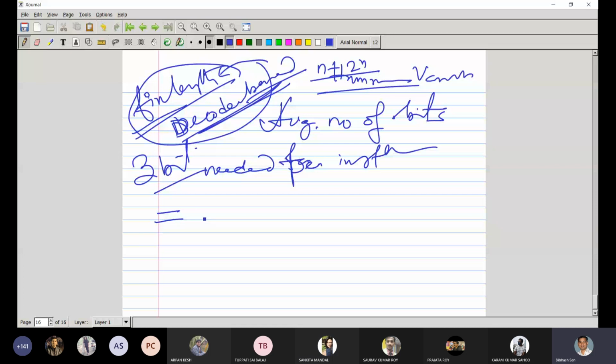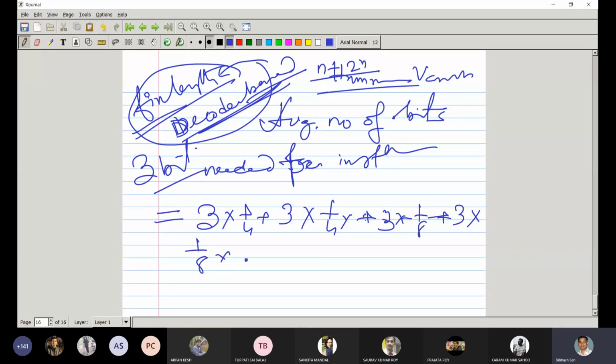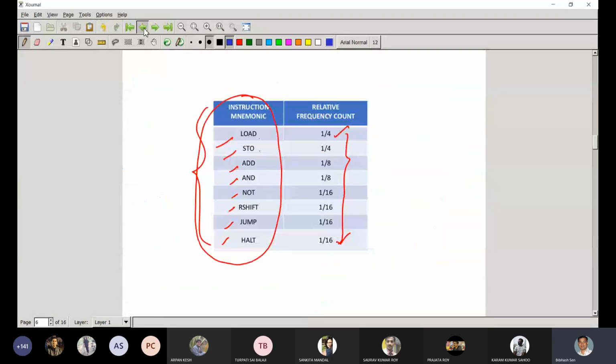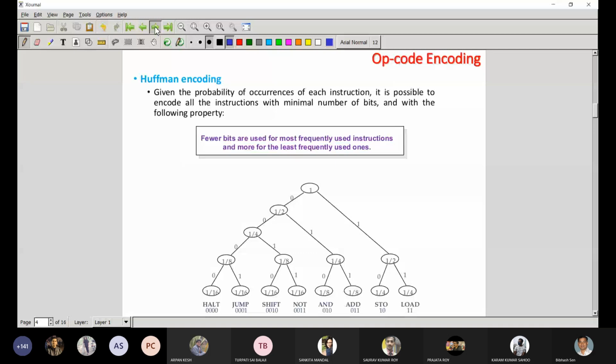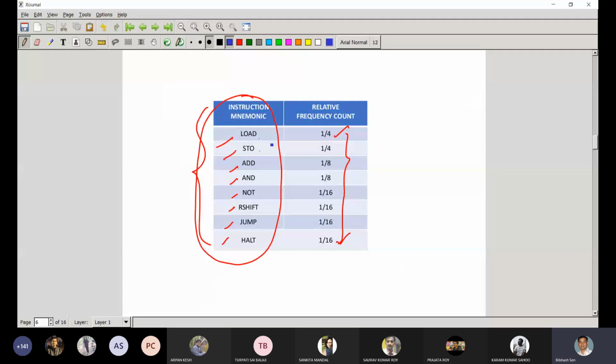In decoder based, it is 3 for all. So 3 into 1 by 4 plus 3 into 1 by 4 frequency you add, plus 3 into 1 by 8 plus 3 into 1 by 8 plus 3 into 1 by 16 plus 3 into, like in this way. You get my point? You know the frequency of all the instructions, so for 3 into this, 3 into that, you will get some summation.